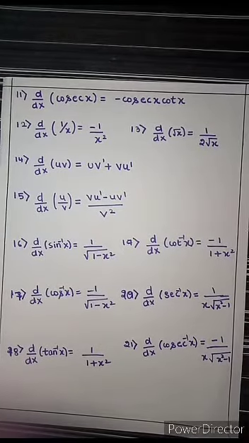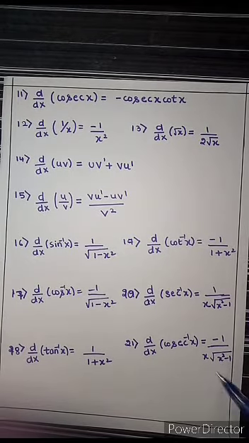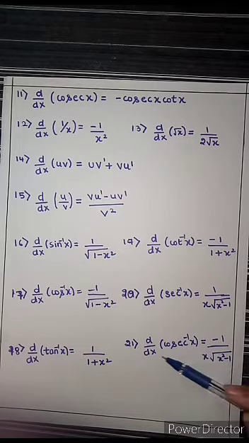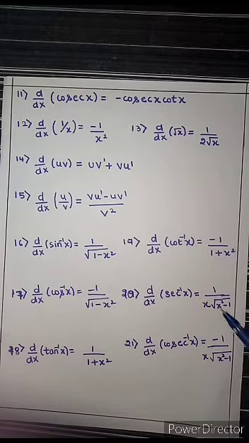If you learn it by heart, then you automatically write the derivative of cosecant inverse x. That is, if you put a negative symbol to the derivative of secant inverse x, then the derivative of cosecant inverse x is the same, just with a negative symbol.